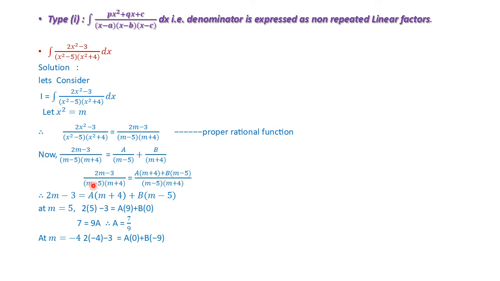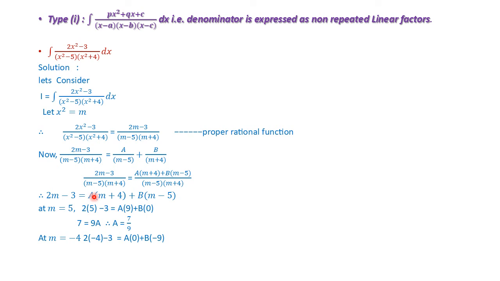Now the denominator on the LHS and RHS is the same, so cancel it, and the remaining terms are 2m minus 3 is equal to A into (m plus 4) plus B into (m minus 5). Now we have to find A and B.